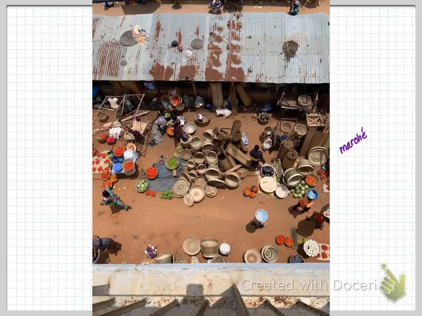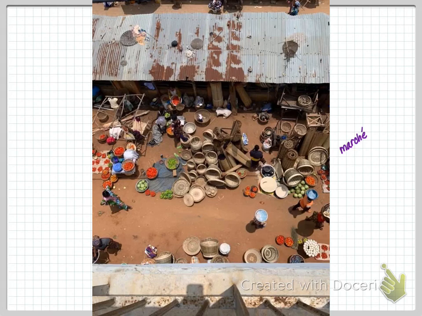Women make those sleeping mats. I suppose men do too. I never really thought about that. And these beautiful baskets, all very, very, very handmade. And I don't know why the only thing they're selling here in this market is tomatoes. There are lots and lots of fish in Ouidah. I ate fish every single day.